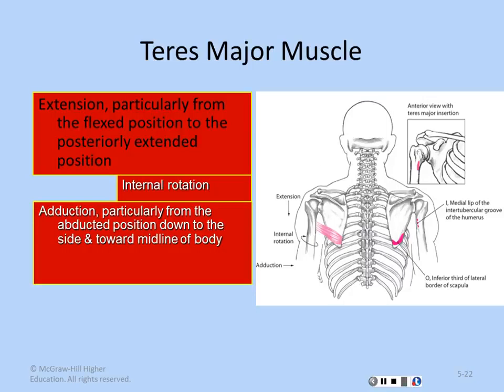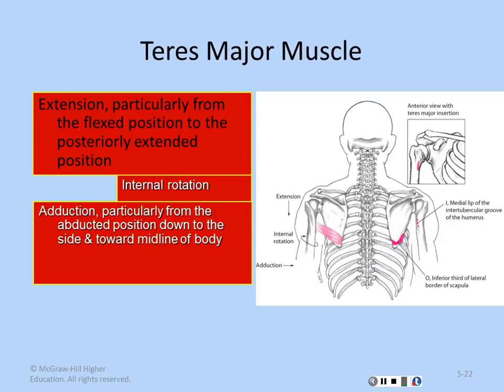As you can see, it originates off of the medial border of the scapula and inserts into the medial humerus. Remember, anteriors are usually flexors, posteriors are usually extensors, lateral muscles are abductors, and medial muscles are internal rotators or adductors.